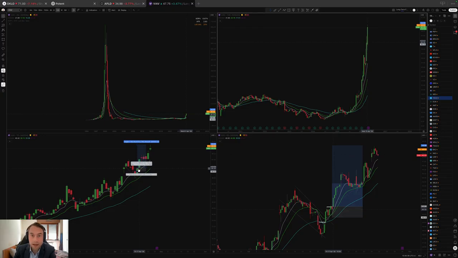That's not the high. That's not where the market is reversing. That's where the market is pausing in order to continue its rise.